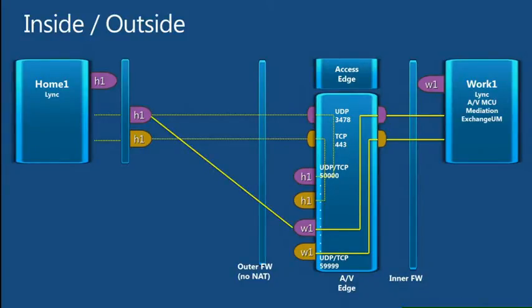So one possible media path would be that H1 connects directly to the high port, the candidate that user 1 sent out for TCP, or we will do the same for UDP.